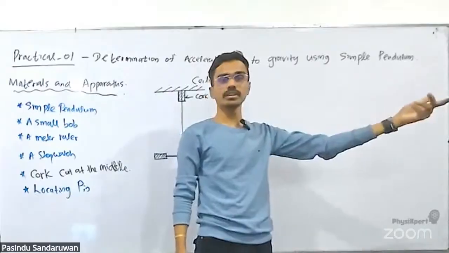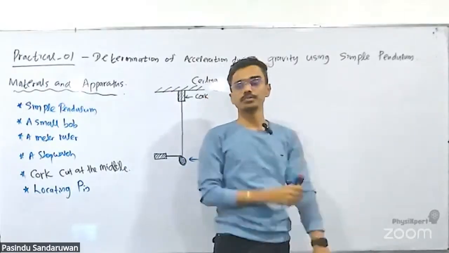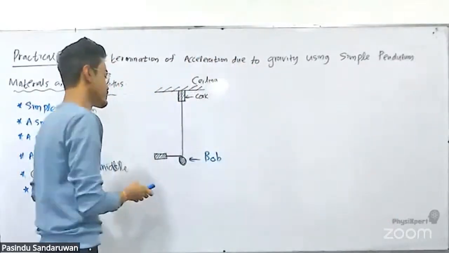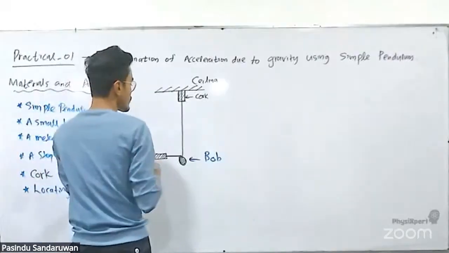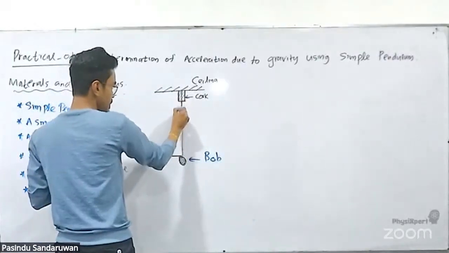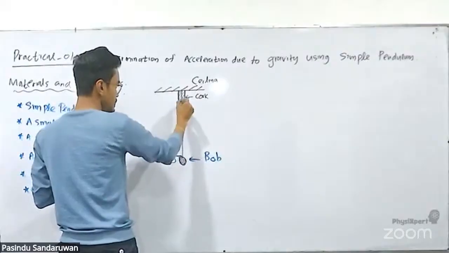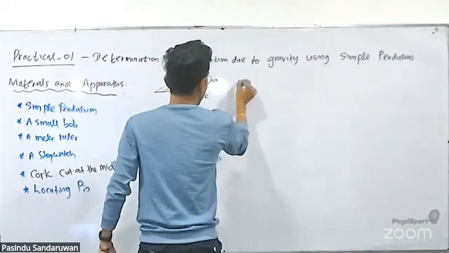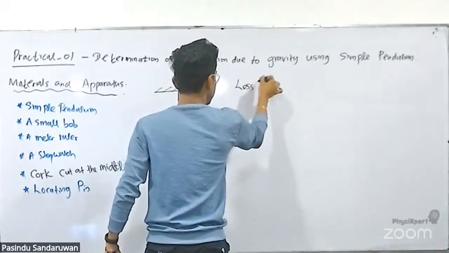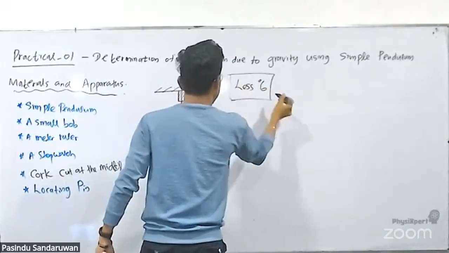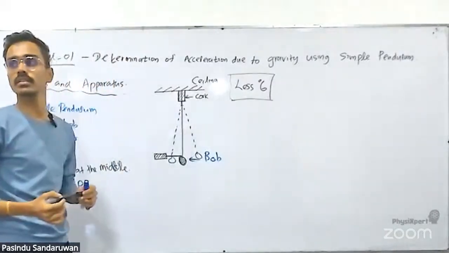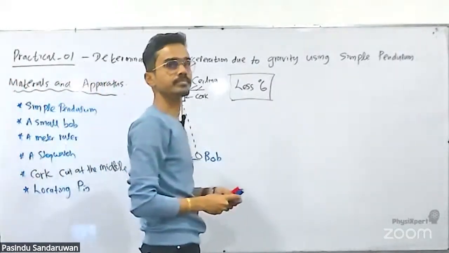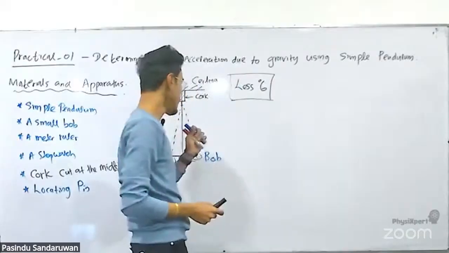Otherwise it is going to be a circular motion. So you have to make sure that you oscillate this in small angles, less than 6 degrees maximum.